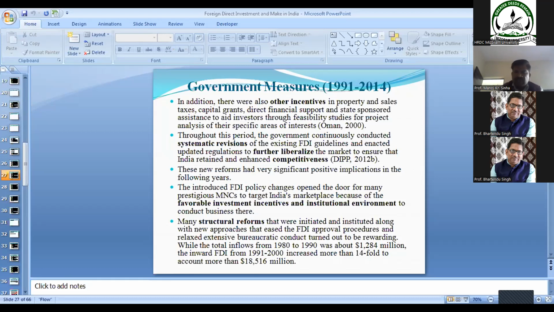And due to this, foreign direct investment from 1980 to 90, we can see, was $1,284 billion, which increased from 1991 to 2000 more than 14-fold and reached the level of $18,516 million.